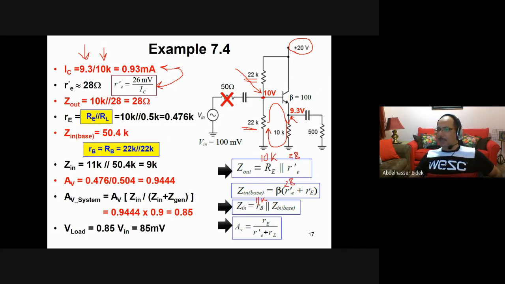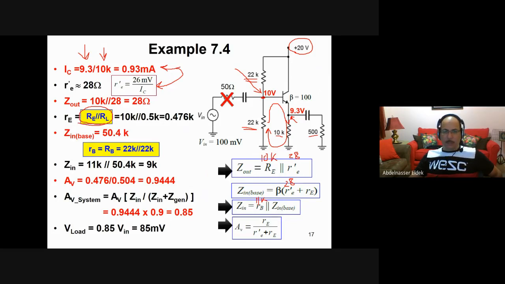Little re equals what? Little re equals RE parallel with RL. We have this in this equation. RE parallel with RL. RE is 10K. RL is 500, or 0.5K. So you can calculate it.